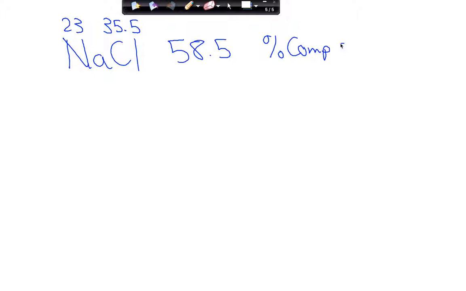Percent composition would be 23.0, we'll just go AMUs, divided by 58.5 AMUs. You got it? So when we talk about percent compositions, we're going to do them by mass. And I'm pretty sure you'll see one of those in homework. Is that okay? Is that sufficient? Okay. Yeah, the solution sort of answers the question. Okay, are we good there?